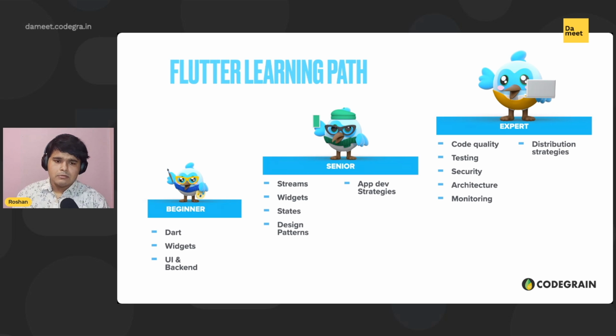And distribution strategies is a very expert-level thing, which I believe a lot of devs don't need to interact with. But if I had to explain it to you, it would mean how you handle flavors in your application. You could introduce a lot of flavors of a particular application in your Play Store, and that would mean it simply has a different APK, or a different package, for a particular set of users.